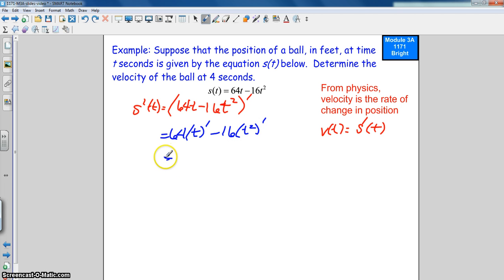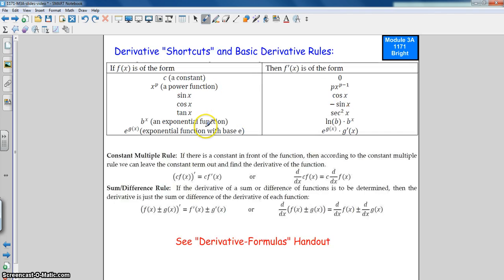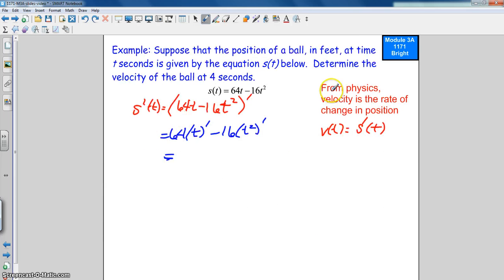Okay, and using the table back here, we see that it's a power function, so the derivative is going to be, well, this has an exponent of 1. I bring that exponent down in front, so it would be 64 times 1, and then times t to the 1 minus 1, which is 0. We're going to make sure this is described in detail this first time.